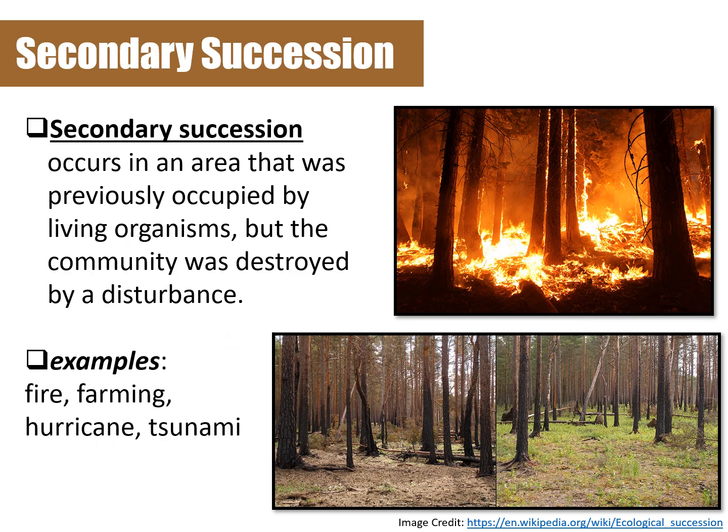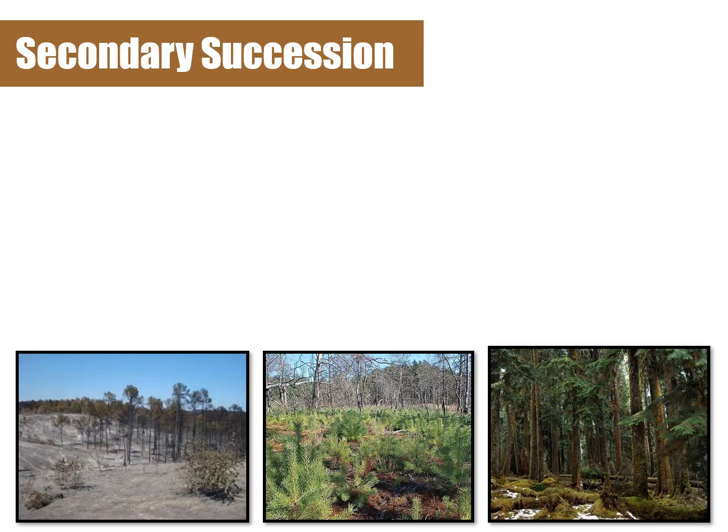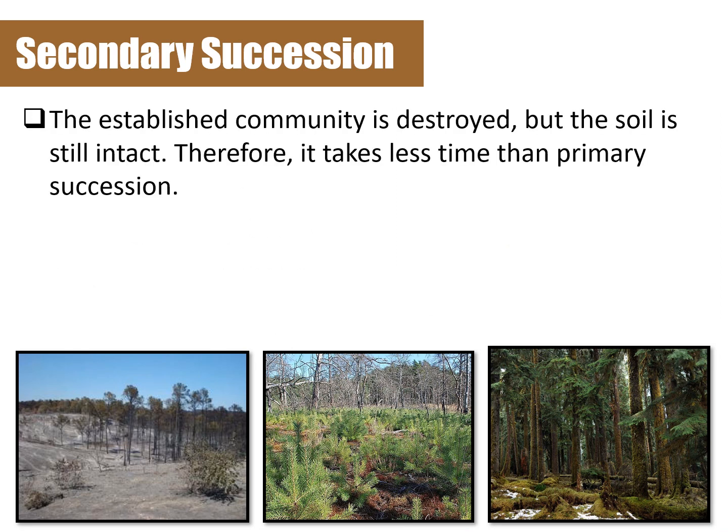If we burnt something down, it doesn't stay burnt, thankfully. And the process is a little bit easier this time around because we had an established community that was destroyed, but now we have soil still, which is key because now we're going to take less time than primary succession to rebuild everything. Our pioneer species in this example would be weeds and grasses.